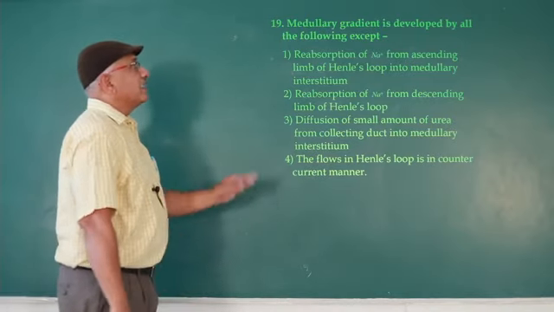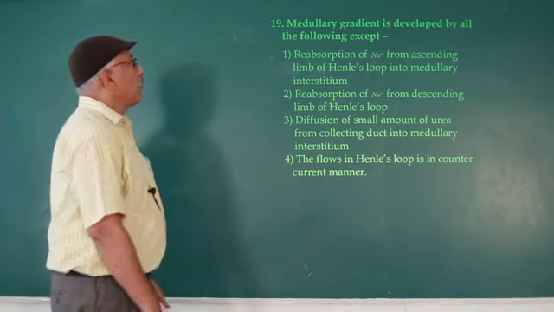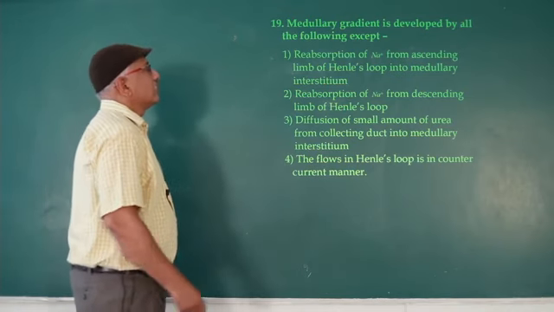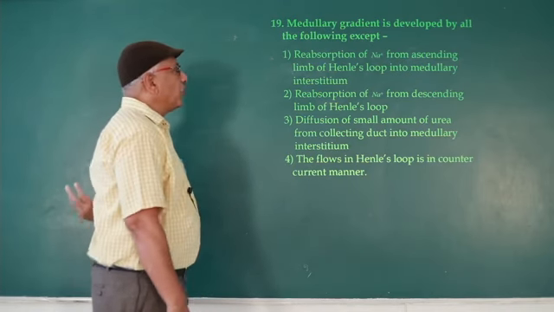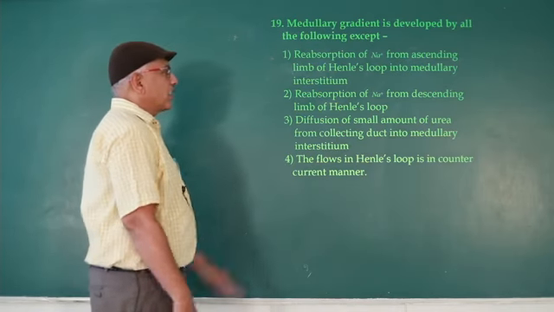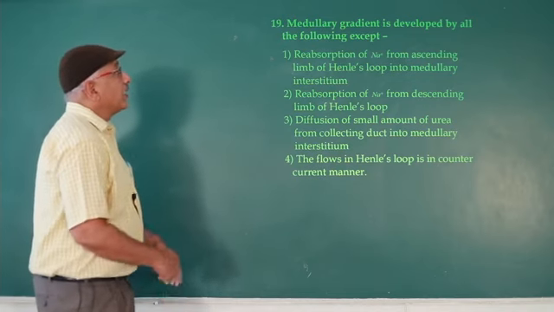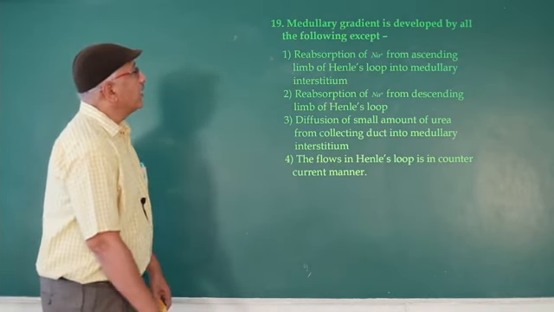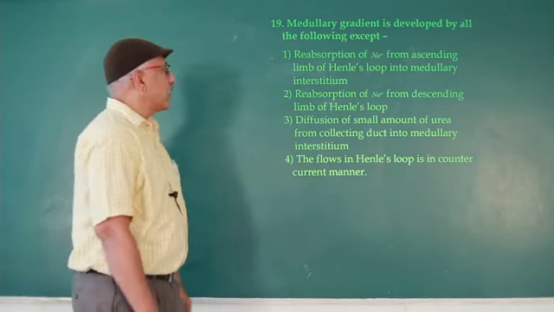Medullary gradient is developed by all the following except. Reabsorption of sodium from the ascending limb of Henle's loop into medullary interstitium, correct. Reabsorption of sodium from the descending limb. Except one means identify the incorrect statement.